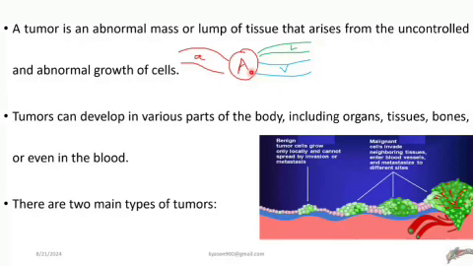So spread, or what we call metastasis, is going to occur through venous blood or through the lymphatic vessels, because we know lymph is also being drained away. If there is any tumor cell here, it can easily be taken through the lymphatic system to other parts of the body. That's why, if a patient has cancer, we always check the lymph nodes in the particular part of the body to confirm if there is spread of cancer.